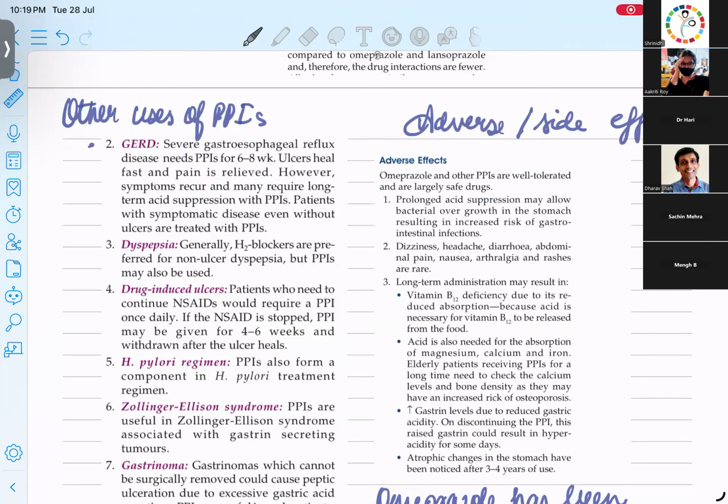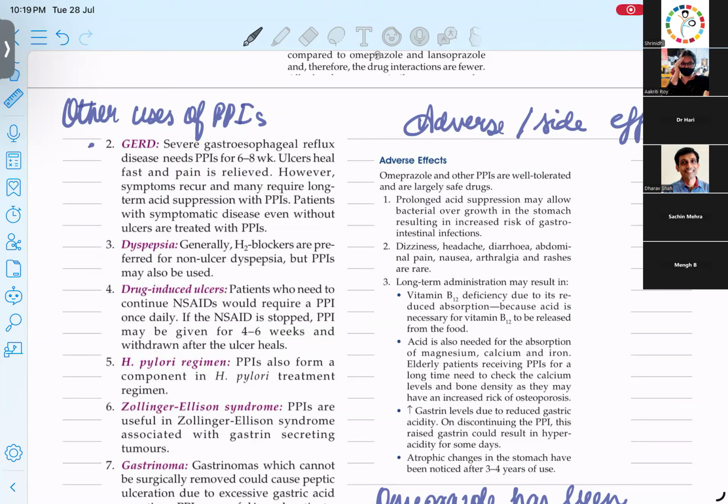We should also understand the adverse effects of these drugs. Prolonged acid suppression may allow bacterial overgrowth in the stomach, resulting in increased risk of gastrointestinal infections.